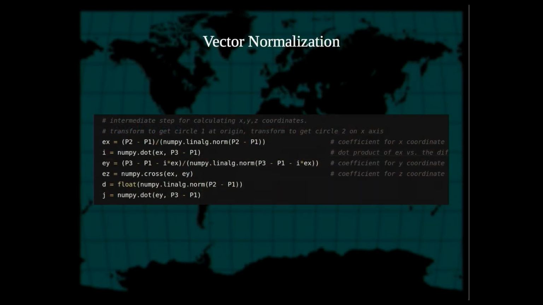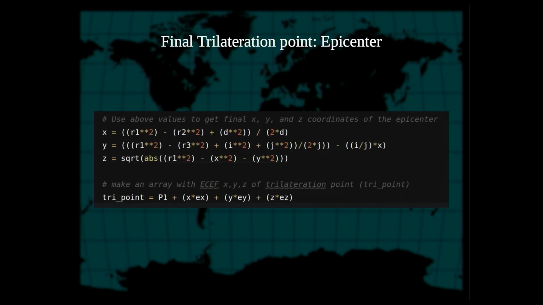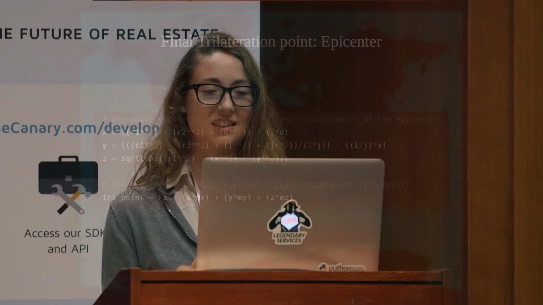And then I do some vector normalization and some intermediate steps in my calculations, which is doing some dot products and cross products and all this linear algebra. And then I finally get a trilateration point, basically doing this triangulation of finding where 3 circles intersect on the sphere.